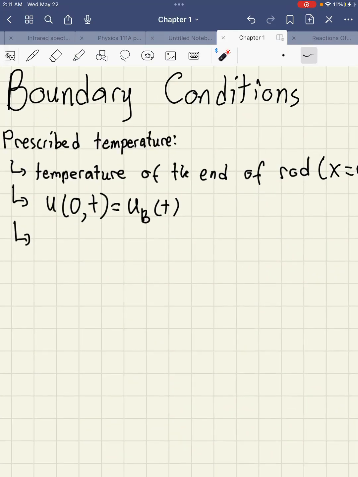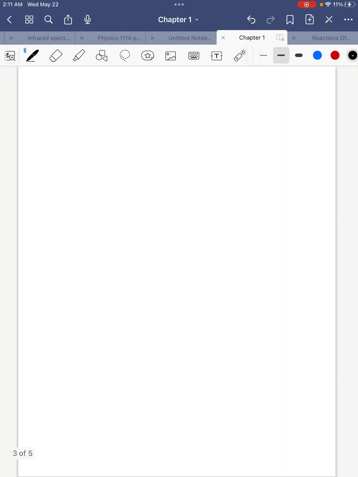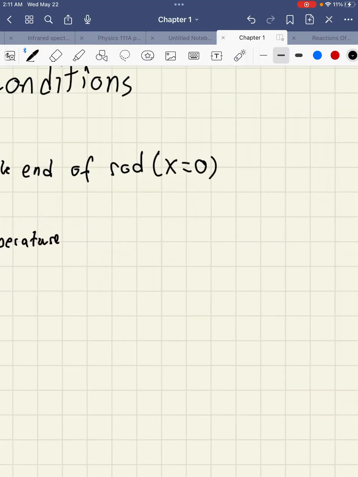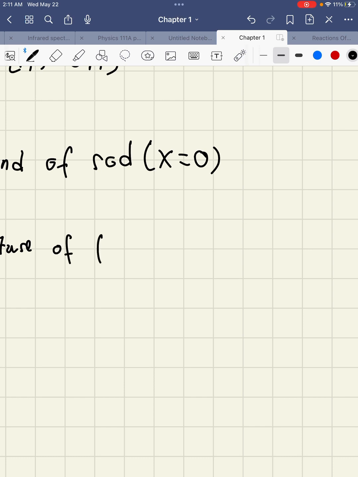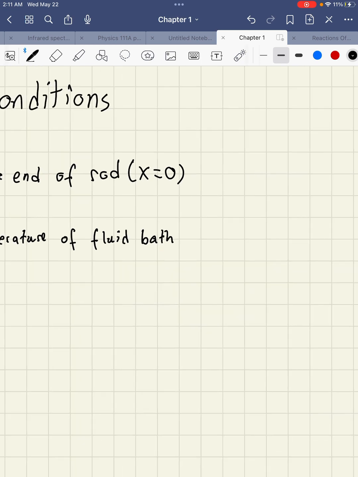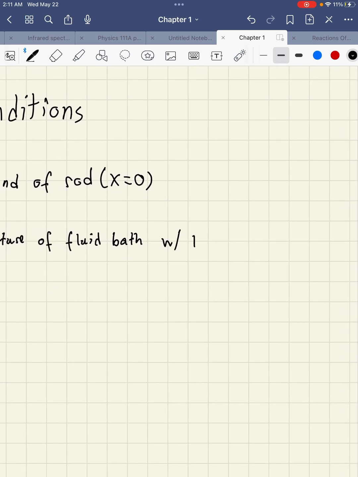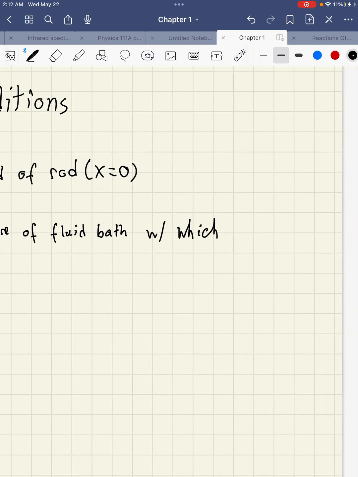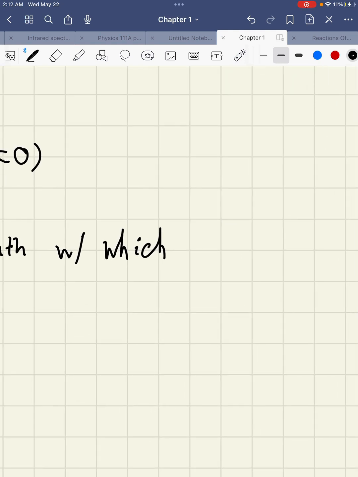And that temperature is our U_B of t, which is the temperature of the fluid bath with which the rod is in contact.